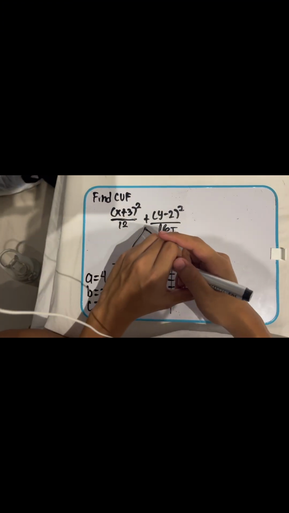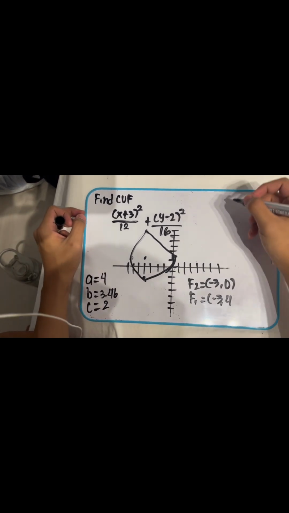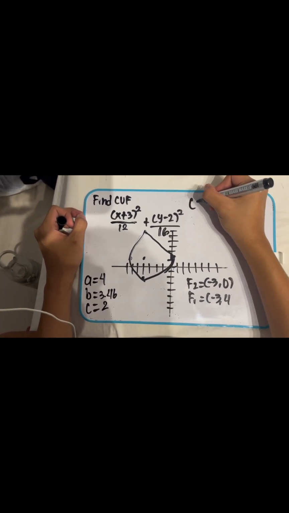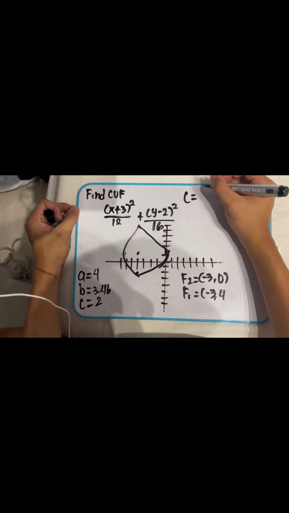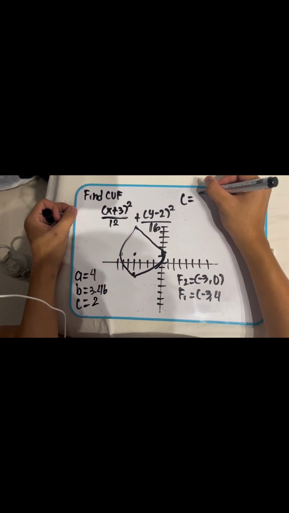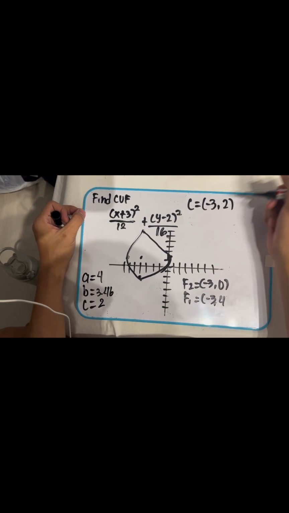So now that we have our values of our center, vertices, and foci, here is our center: -3 and 2.